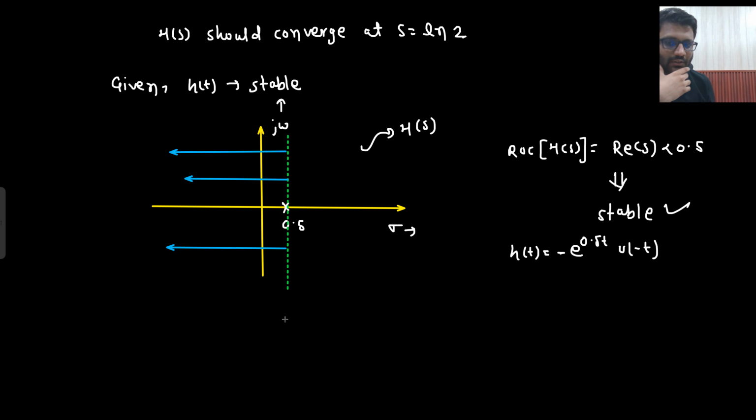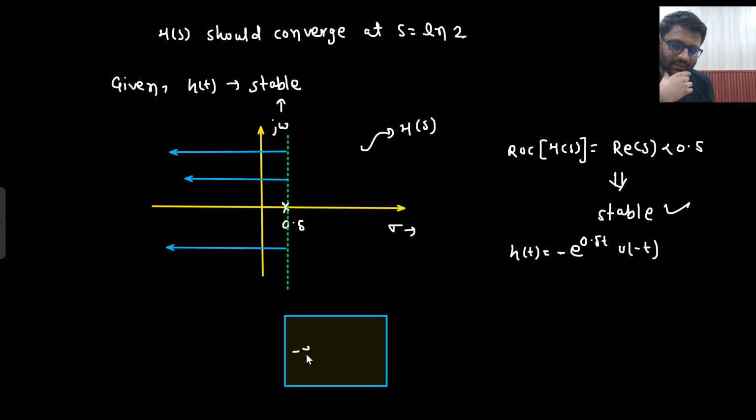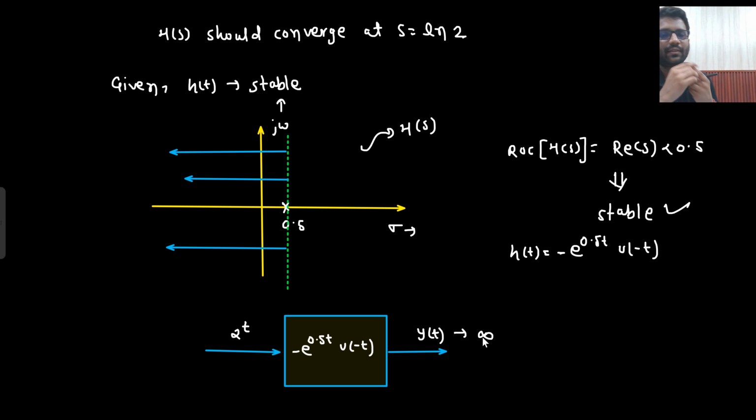Now if this is your LTI system, which is this one, you are satisfying the condition of the question, and your applied input is 2 to the power t. Let me know what will be the output. Output will be tending to infinity. Why is that so? Because ln2 will be lying somewhere here.